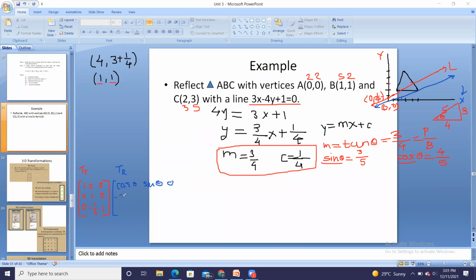Here minus sin theta, cos theta. Here it is 0 and here 0, 0, 1. Okay. All of you are getting this?